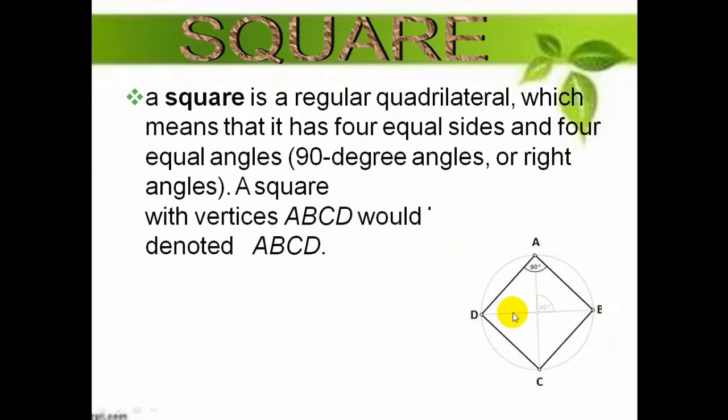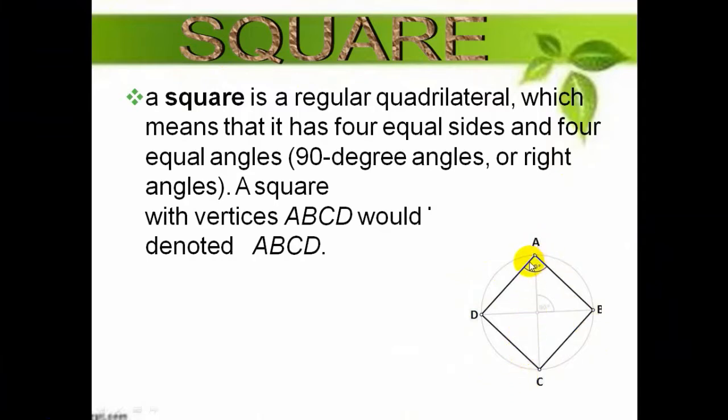So one question is how to construct a square shape, and another question is how to find the area and how to find the perimeter of the square shape. The construction steps have already been discussed in detail in the previous video lecture, inscribed in a circle. So you see over here in this figure, this is a circle inscribed in a square shape.